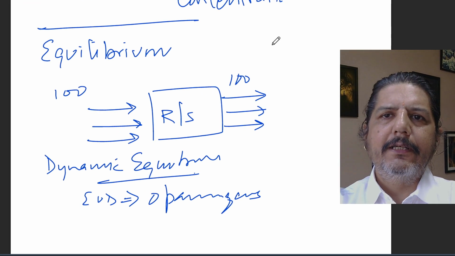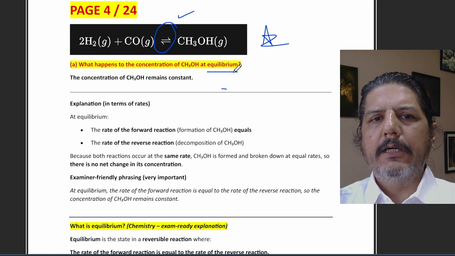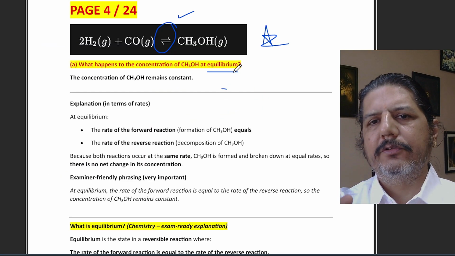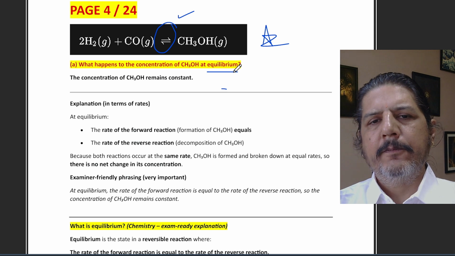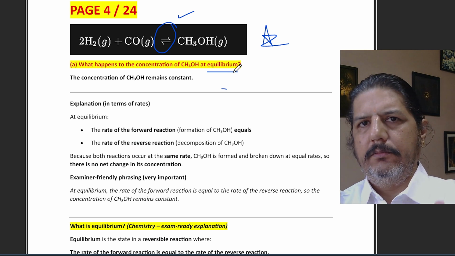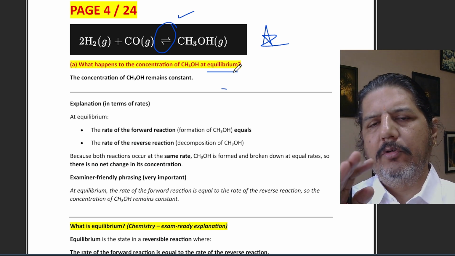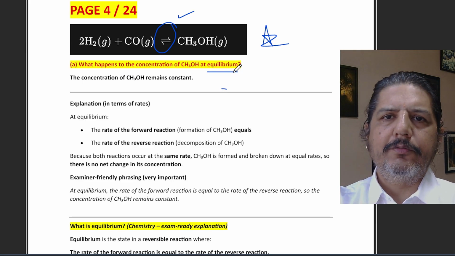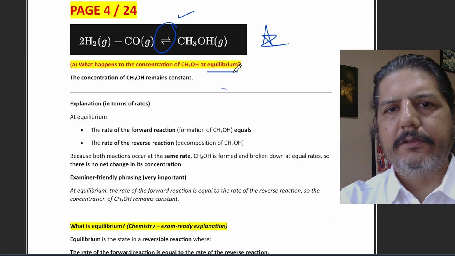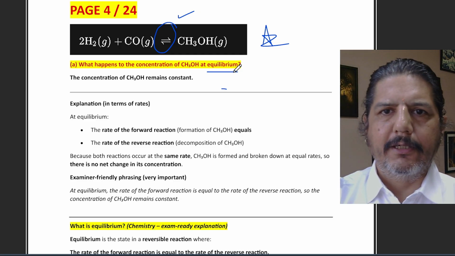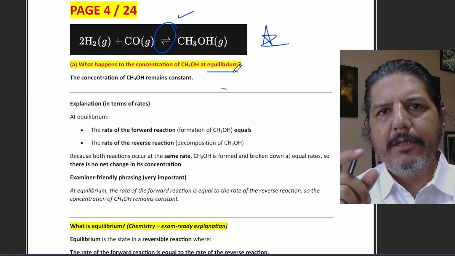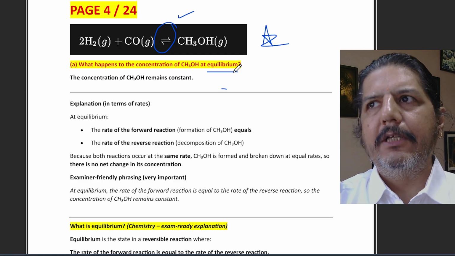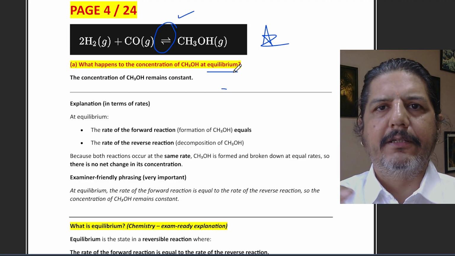What I'm trying to say is that in a reaction like hydrogen plus carbon monoxide giving methanol, the rate of the forward reaction becomes equal to the rate of the backward reaction, in which methanol decomposes into hydrogen and carbon monoxide. So it is called a dynamic equilibrium. It is not as if things have become static. No, it is not like that.